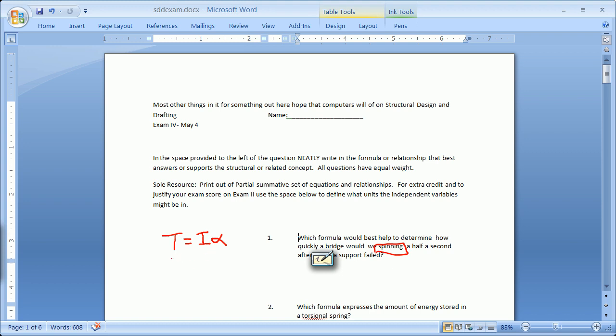That, of course, would lead to W, the angular velocity, is equal to the initial angular velocity plus alpha t. Of course, that would lead to the spin angle is equal to the initial spin angle plus W naught t, the initial spin times time, plus 1/2 alpha t squared.